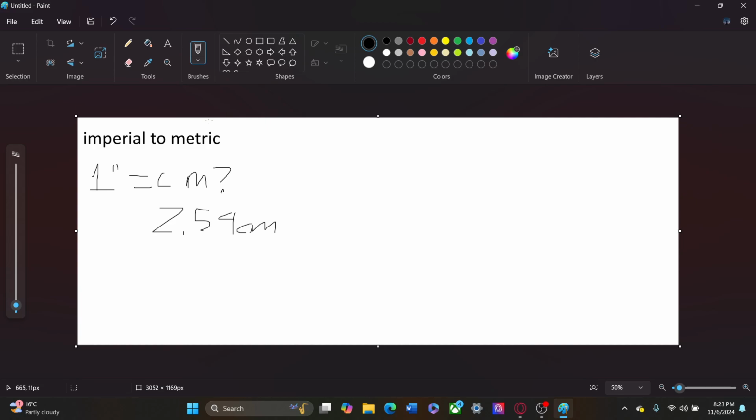if you want to go to 1 foot now, let's say, right? 1 foot equals 12 inches, right?